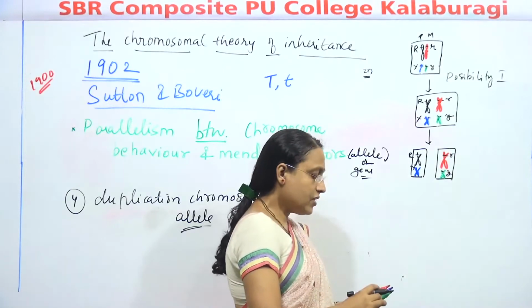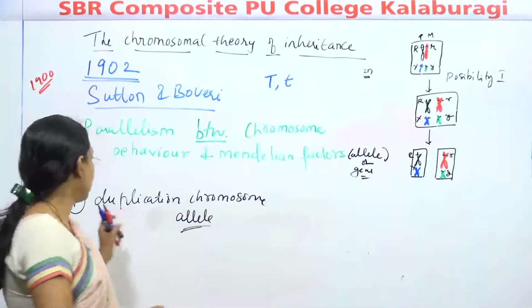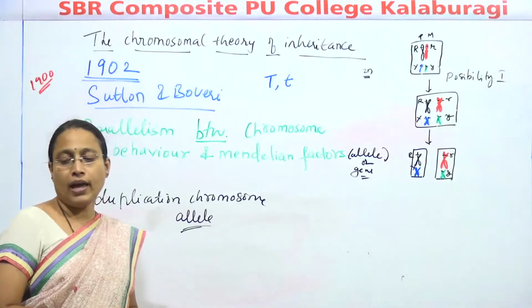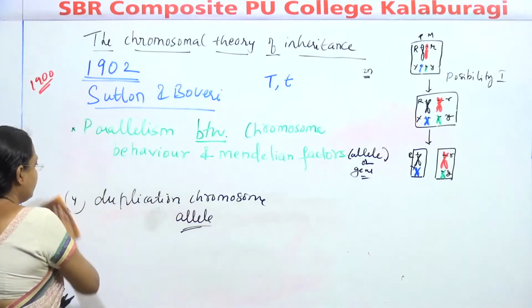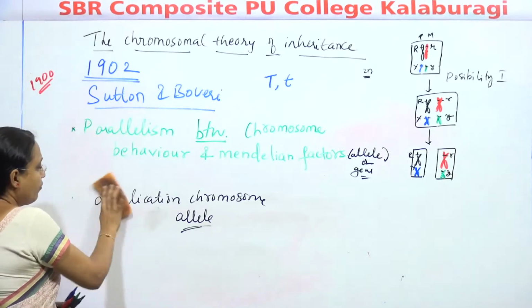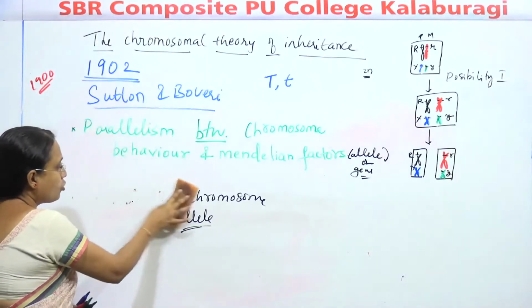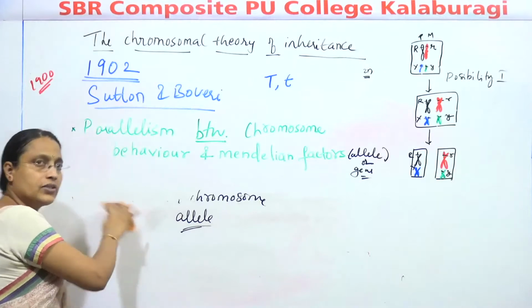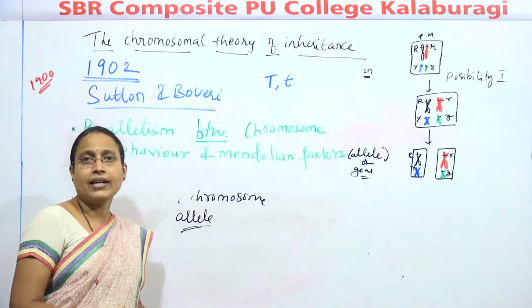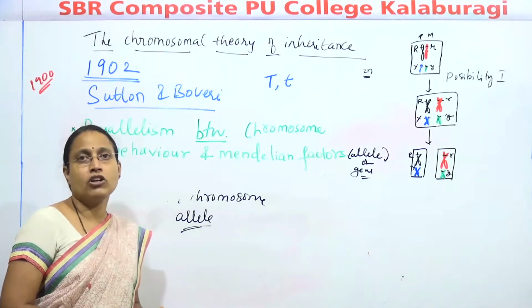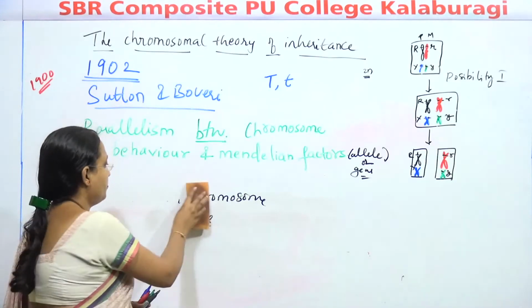So, after anaphase 1, the chromosomes obey the law of segregation. That means during formation of gametes, chromosomes will segregate. Similarly, even what Mendel told, the factors will segregate during formation of gametes.